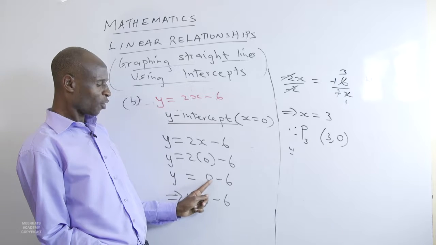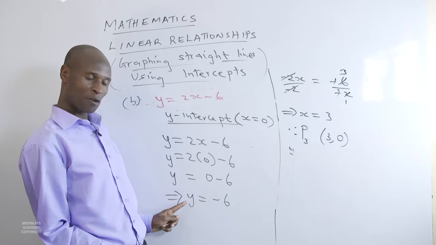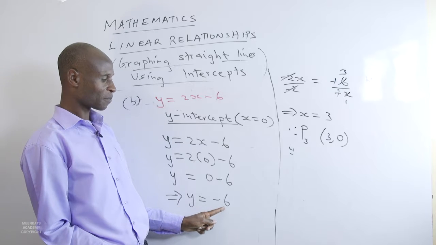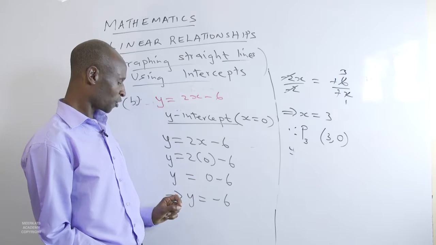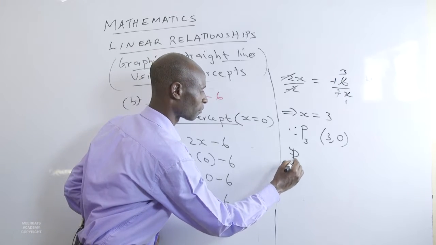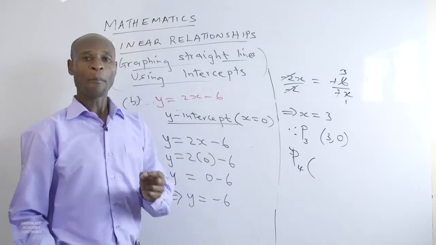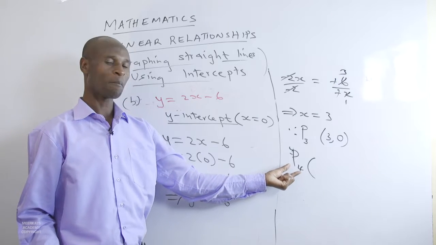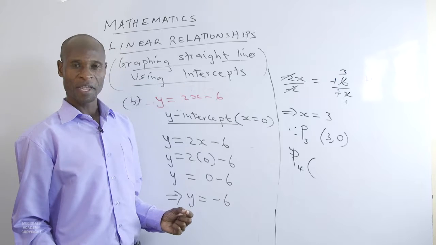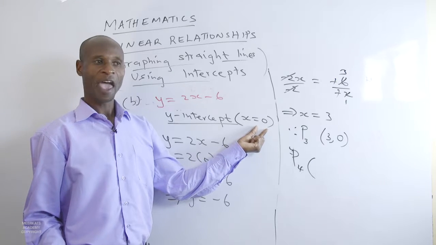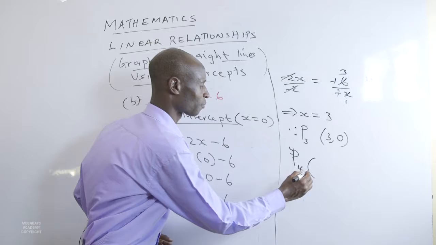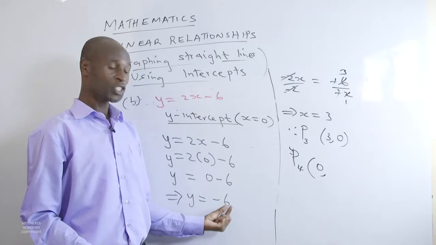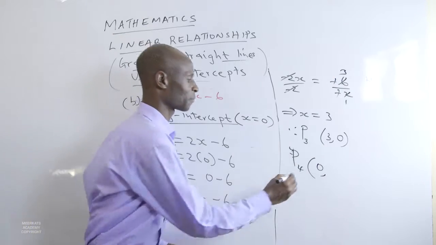So y will be 0 minus 6, and therefore that implies that the value of y is equivalent to minus 6. Therefore, what is our point? So our point, which in this case I'm calling P4, will be, we start by writing the x coordinate, which is 0, followed by the y coordinate, which is negative 6.